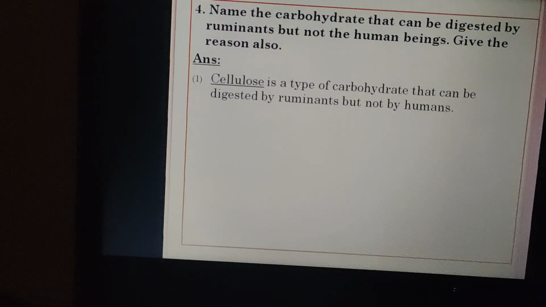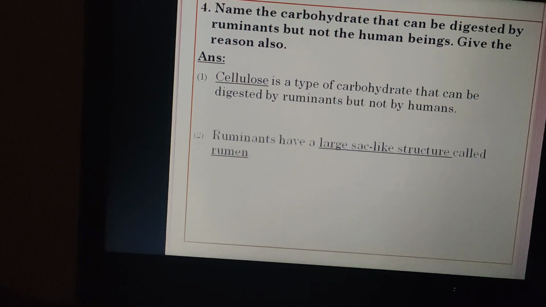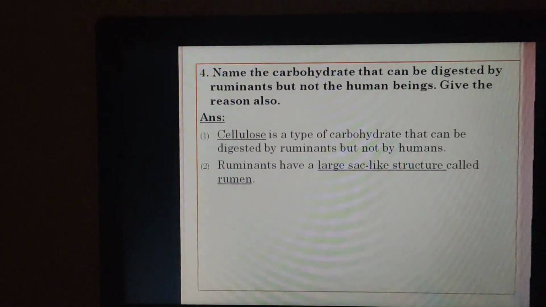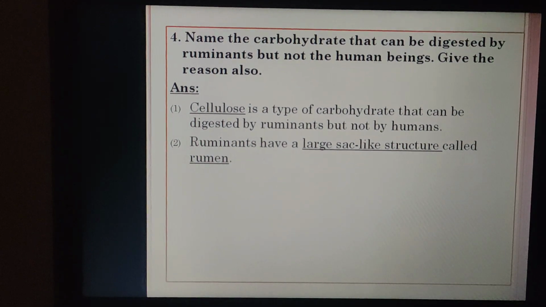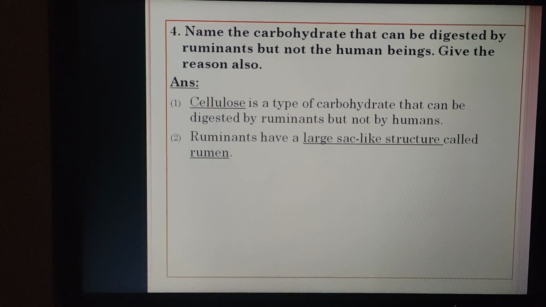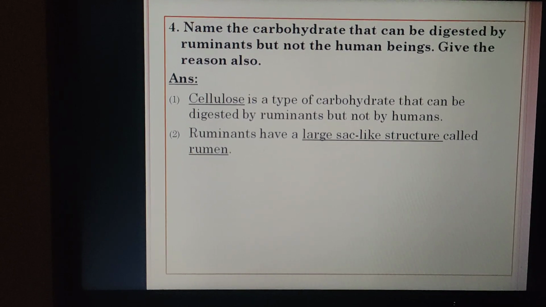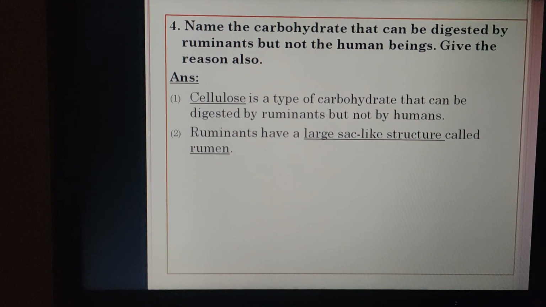Now second, we have to give the reason. So we will give the reason in the next point: ruminants have a large sac-like structure called the rumen. It is a special structure inside the stomach named rumen, which is not present inside the human being. This is the first reason we cannot digest cellulose.